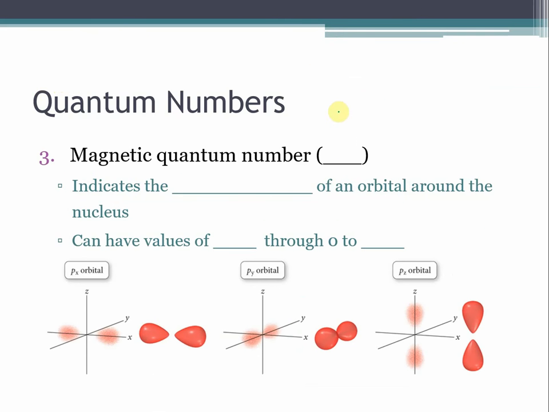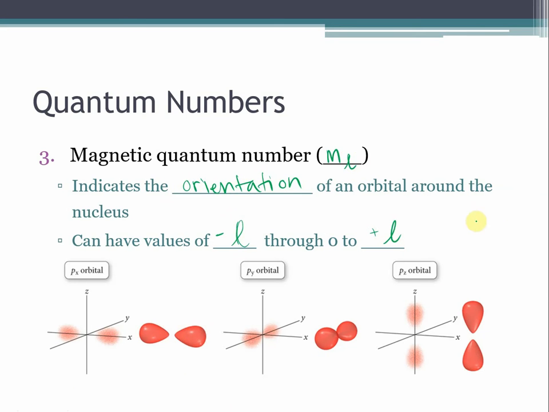Your third quantum number is your magnetic quantum number, and we call this m sub L. Again, we use that cursive L so it doesn't look like a 1. This indicates the orientation of an orbital around the nucleus, which is the same as saying it's this specific orbital. It can have values of negative L through 0 all the way to positive L. Here we're looking at our p orbitals.